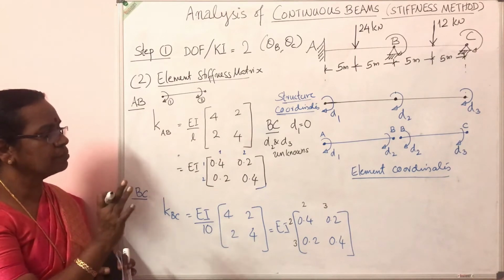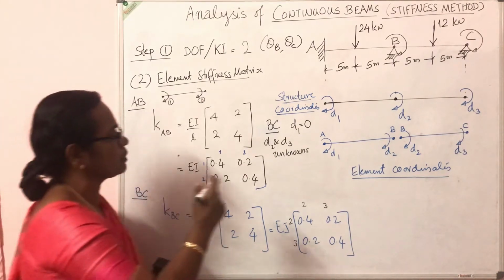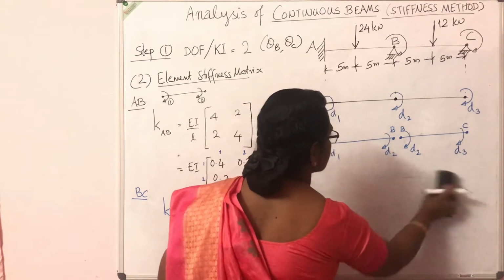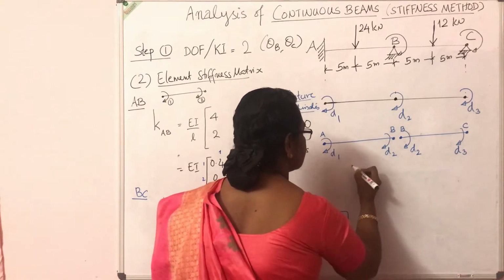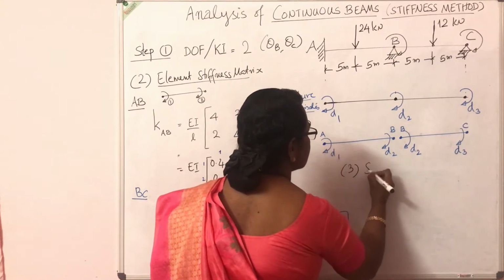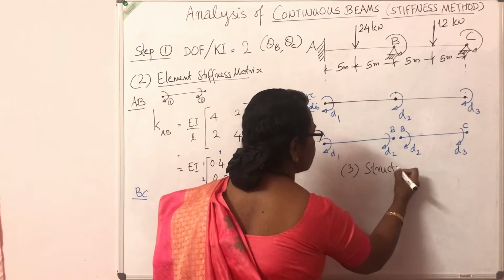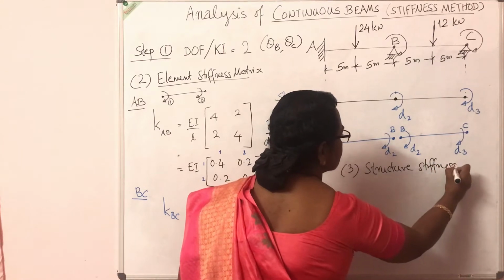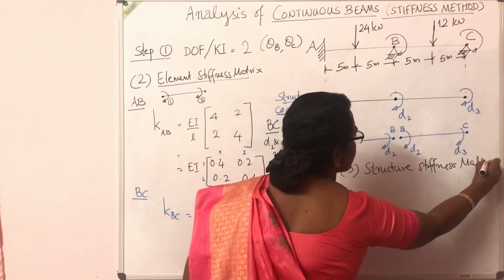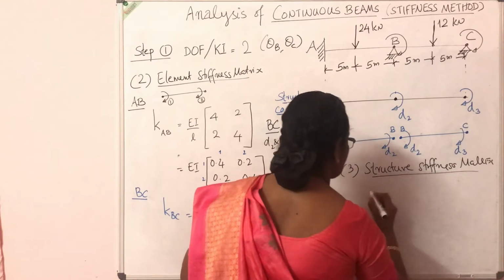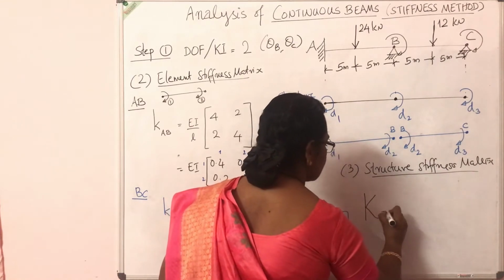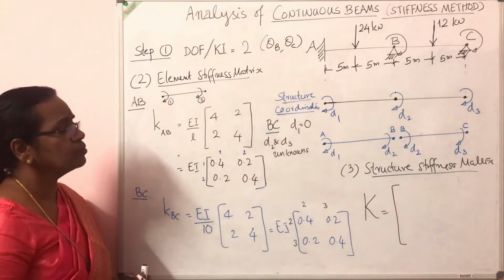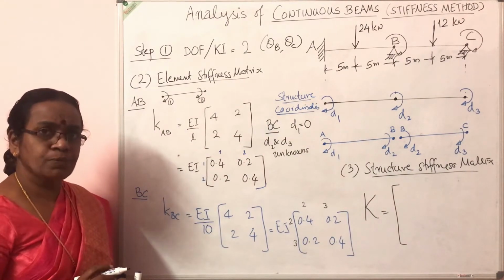Now we have to assemble it together to form the structure stiffness matrix. So the third step is the structure stiffness matrix. K, capital K, is equal to, we know here the degree of freedom is 2, so the matrix should be a 2 by 2 matrix.